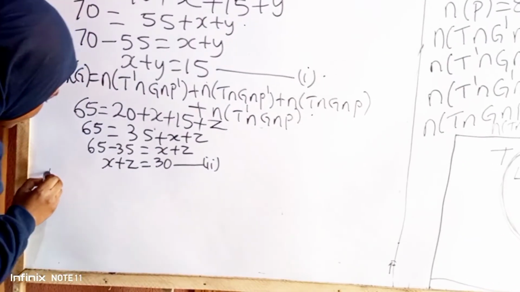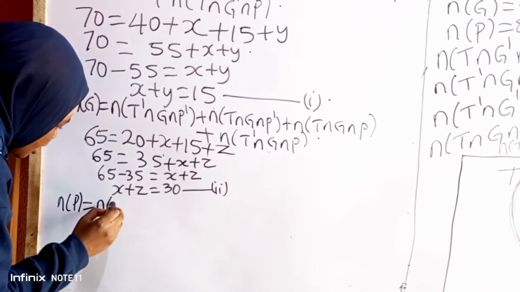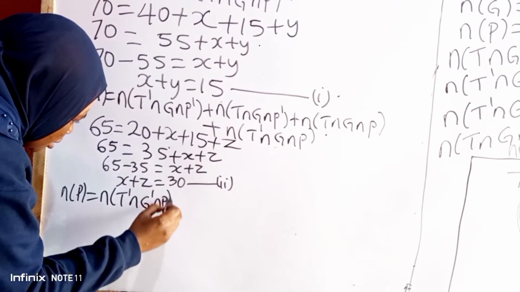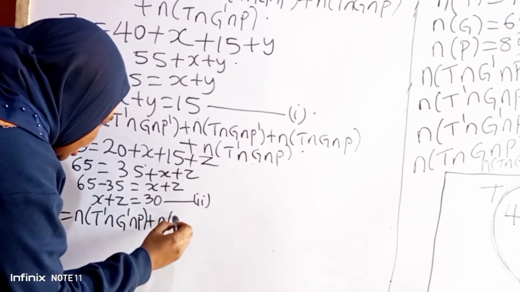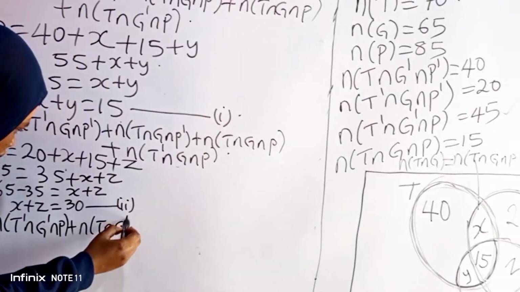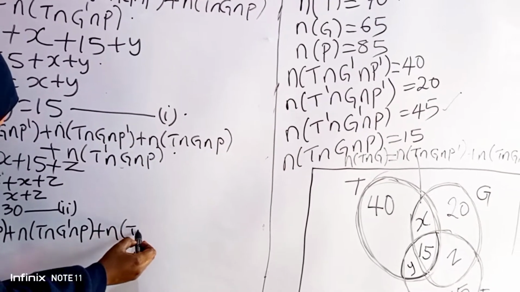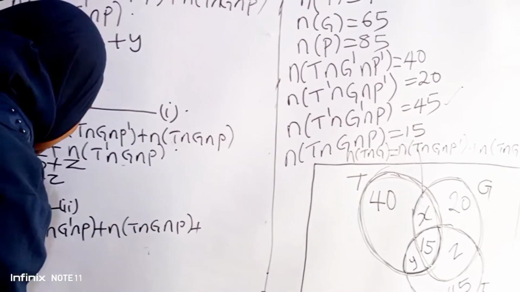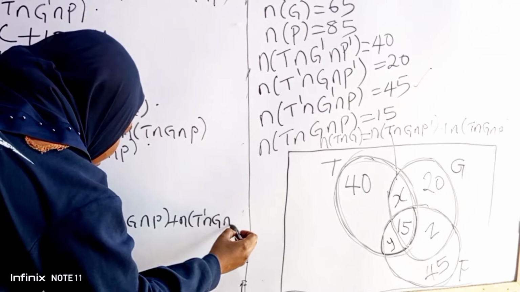So cardinality of P is equal to P only, that is not T, not G, but P. Plus cardinality of T and not G, but P. Plus cardinality of the 3. Plus cardinality of not T, but G and P.